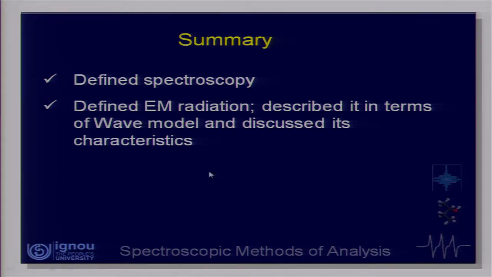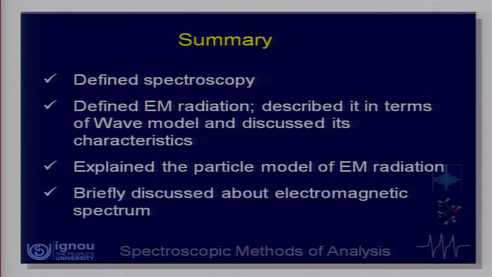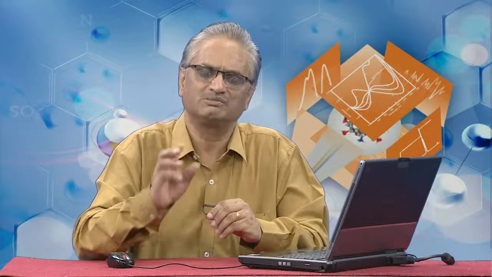Then we came to the quantum mechanical or particle model of EM radiation, and towards the end we briefly touched upon the electromagnetic spectrum. In the next session we will talk about the nature of matter, that is atoms and molecules, what kind of quantization is there in them, and we will also briefly take up something about the interaction of radiation and matter.